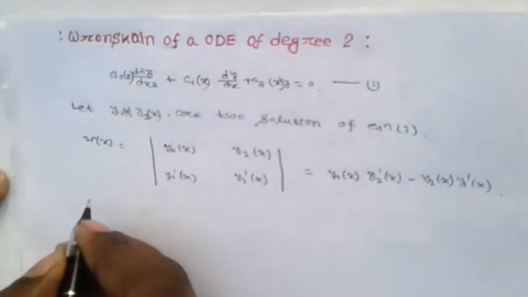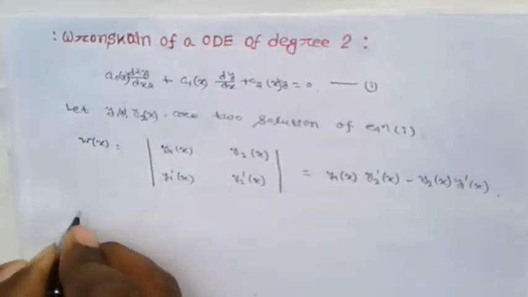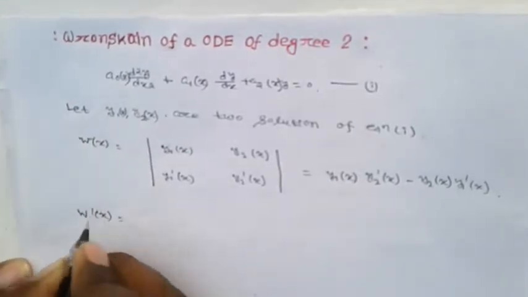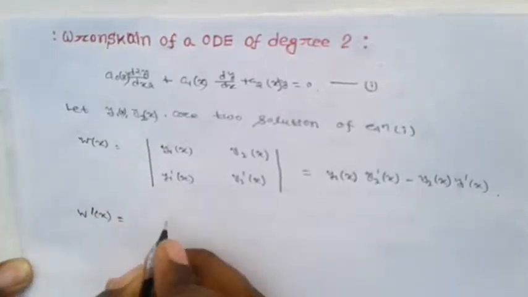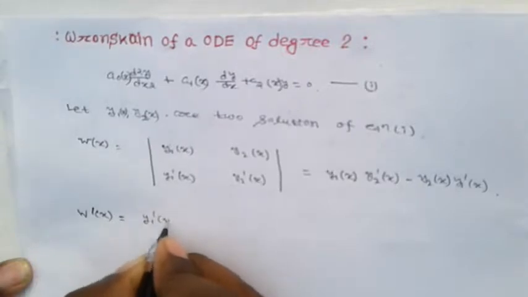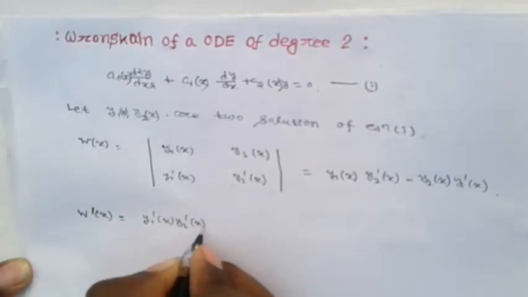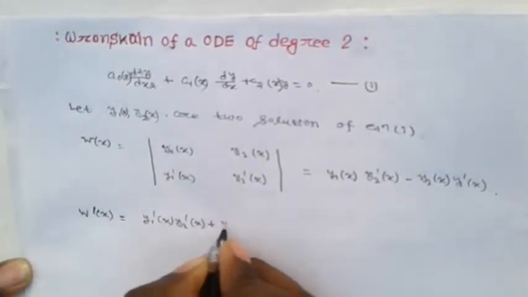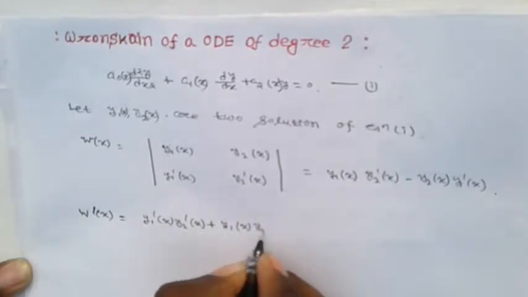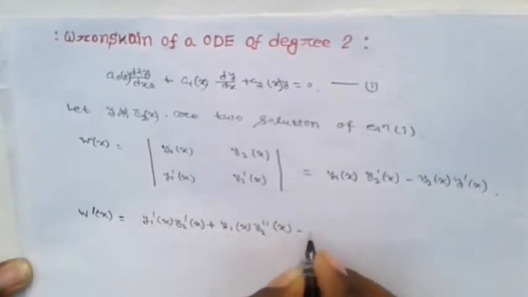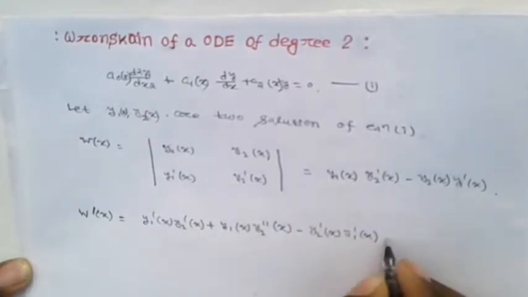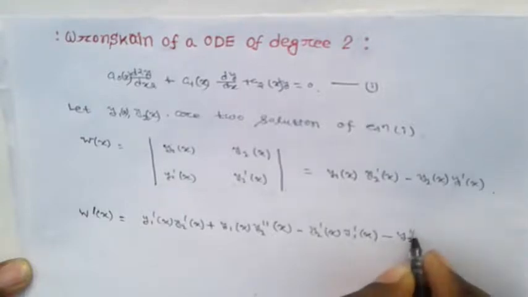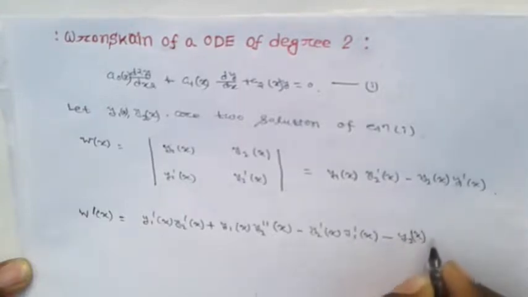Now we differentiate this with respect to x, we get W'(x) equal to y1'(x) y2'(x) plus y1(x) y2''(x) minus y2'(x) y1'(x) minus y2(x) y1''(x).